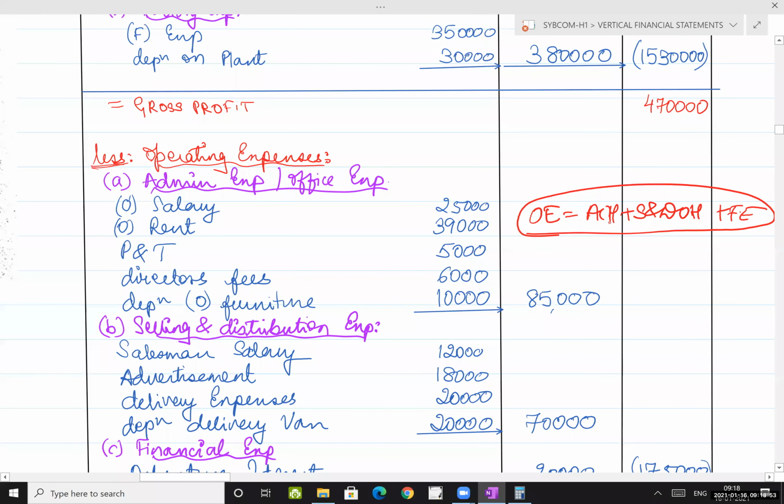Okay, start with admin expense or office expense. So I have office salary, office rent, printing and stationery, director's fees, and furniture का depreciation. Okay.